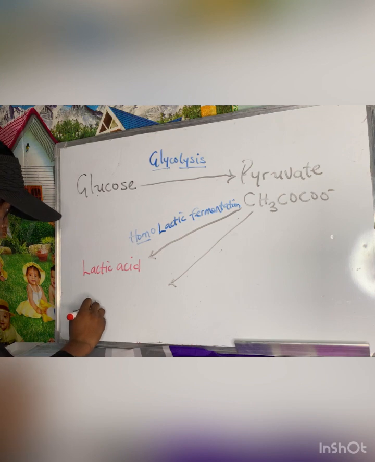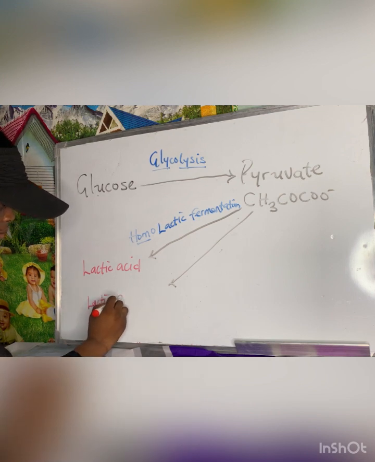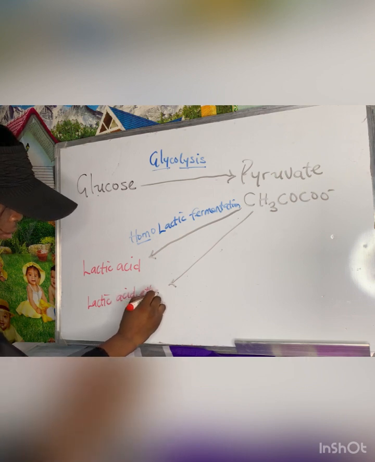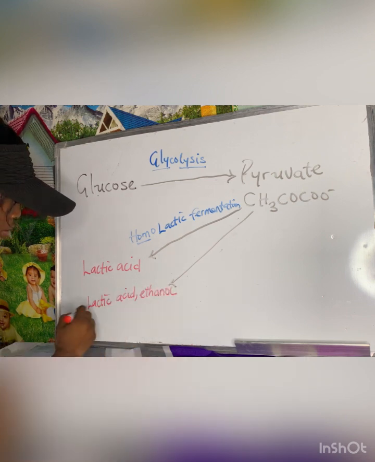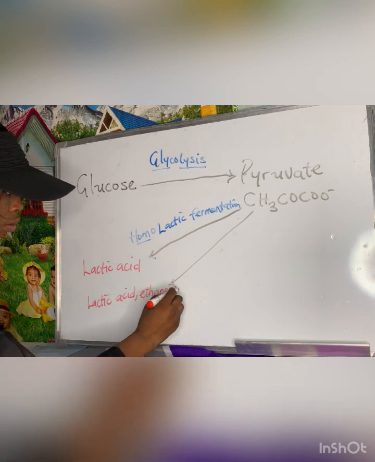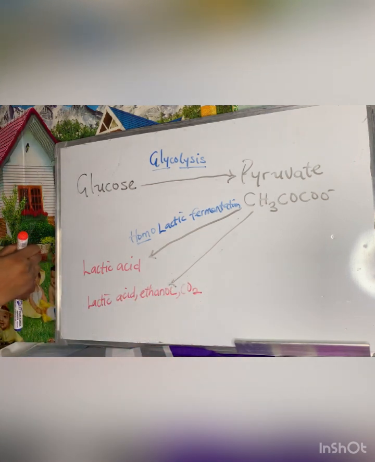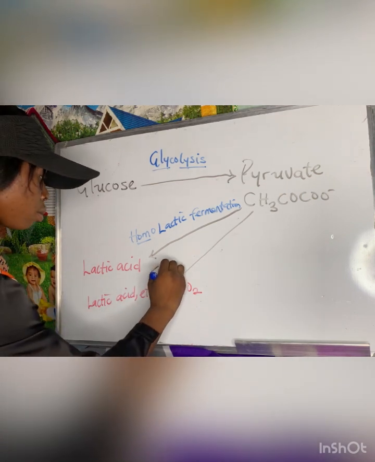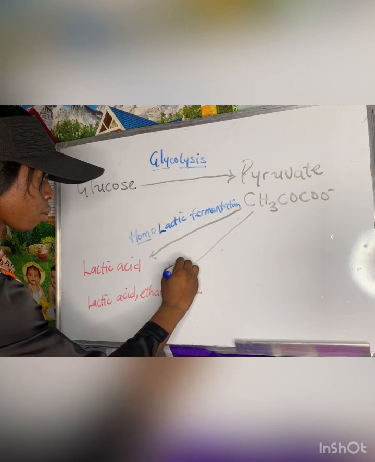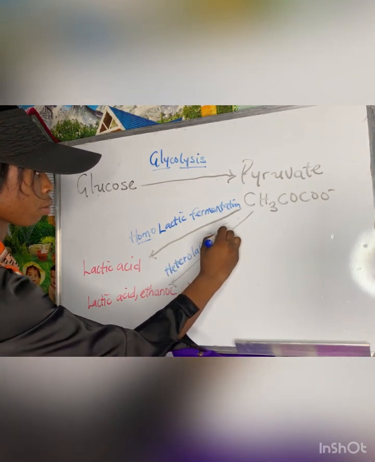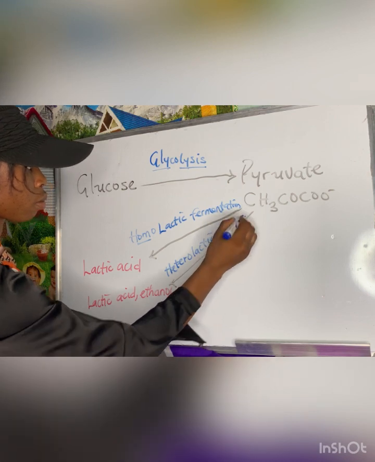Now what else can pyruvate undergo to give us another product? Since pyruvate is the common precursor for all the fermentations, it can end up giving us lactic acid plus ethanol, then carbon dioxide. If you check the other one, we have only lactic acid. That is why I said it's called homolactic. But this one that produces lactic acid, ethanol, and CO2 is called heterolactic fermentation.